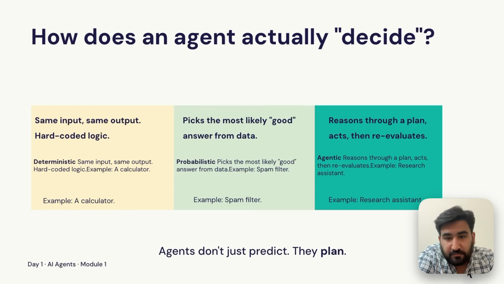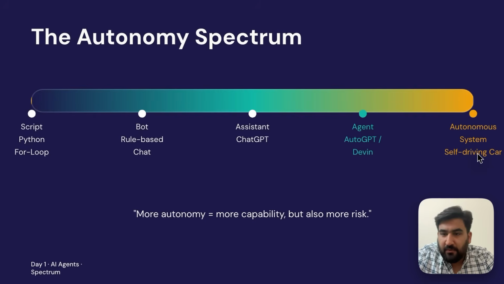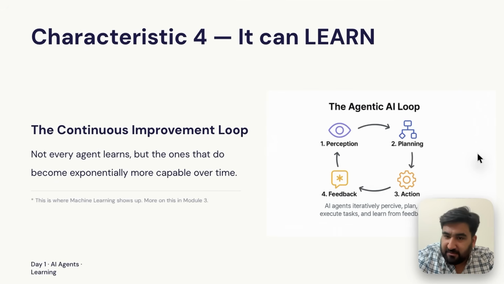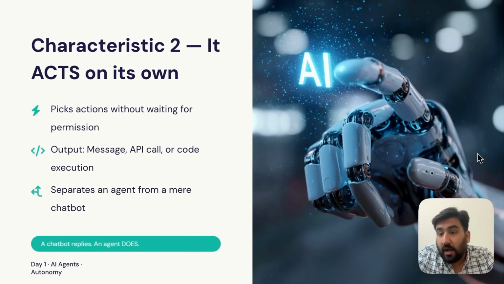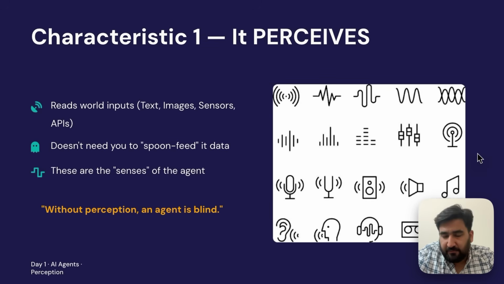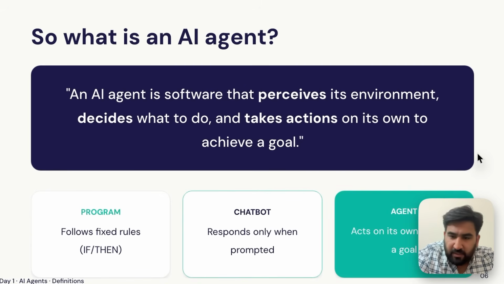That's it. So, just to recap what we have been doing, we saw four characteristics: how agents learn, what the goal of the agent is, how an agent acts, and how an agent perceives. To begin with, what are agents? Agents are software that perceive their environment, decide what to do, and take actions to achieve goals, right? So the next time you're preparing for an interview, you can give rock solid answers with solid foundations on what an AI agent is, with utmost clarity.